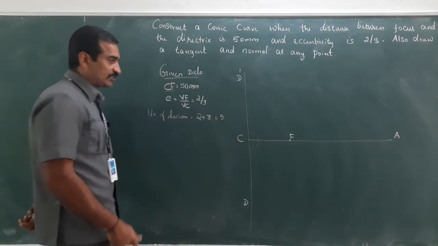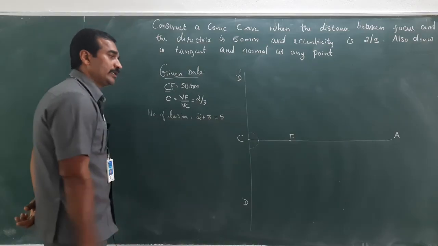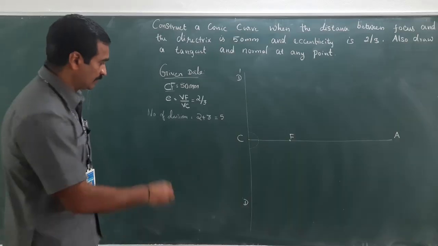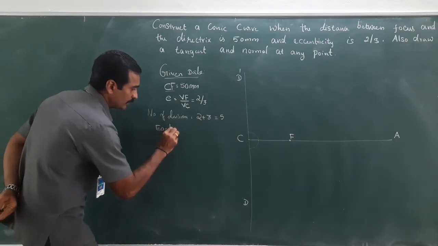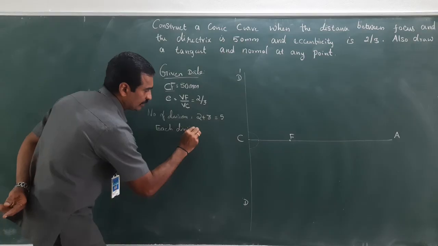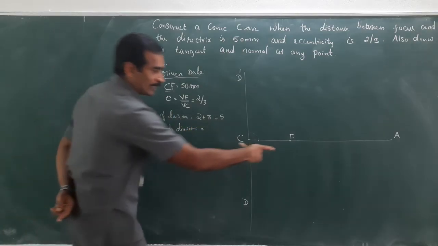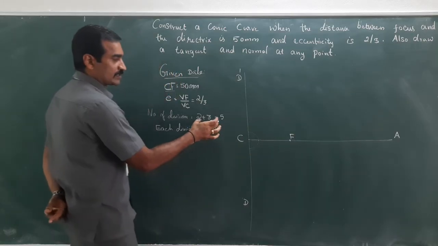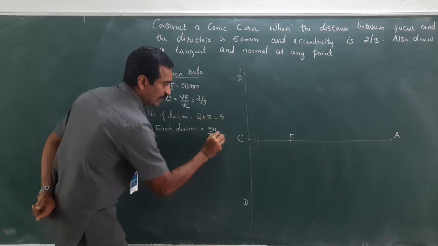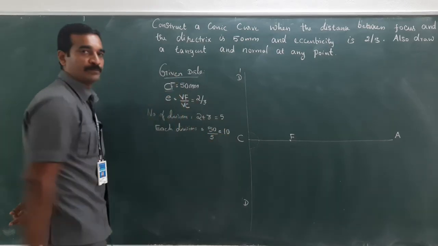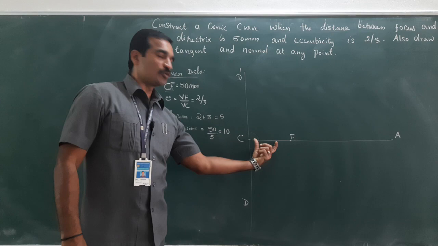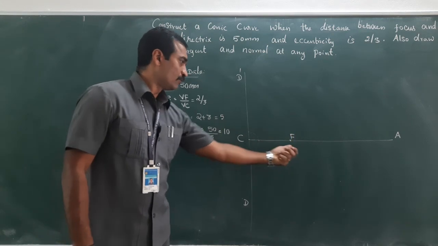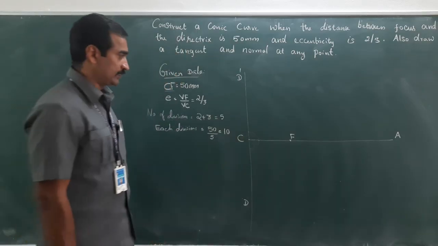The total number of divisions between C and F is 5. Then what would each division be? The total distance is 50 and the number of divisions is 5, so 50 by 5 equals 10. So the distance between focus and directrix needs to be split into 5 equal parts.